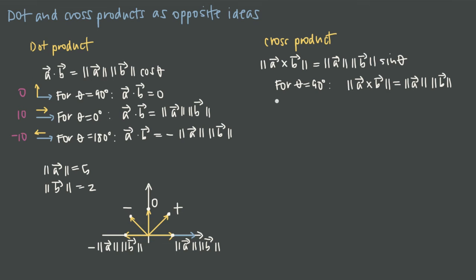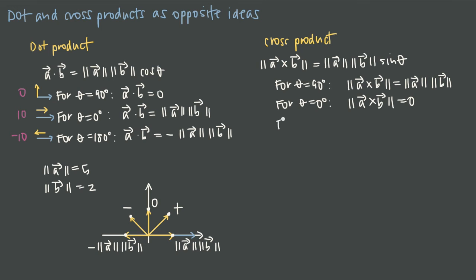When the angle between the vectors is 0, so for theta equals 0 degrees, sine of theta is 0. Sine of 0 degrees is always 0, which means we're going to zero out the right-hand side, and so the length of the cross product is going to be equal to 0.